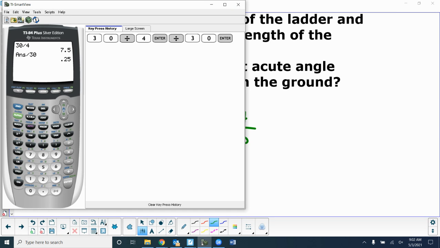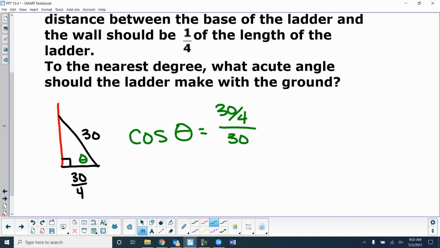So this is where you go second cosine, and it'll pop into 0.25. So it's a 75.5 degree angle we have to put with the ground for it to be safe.